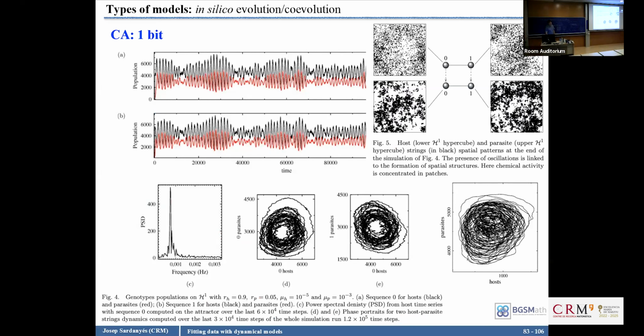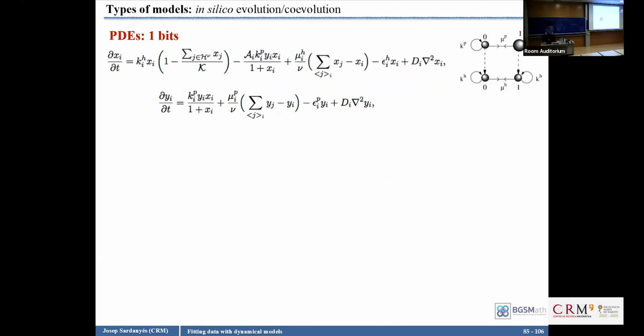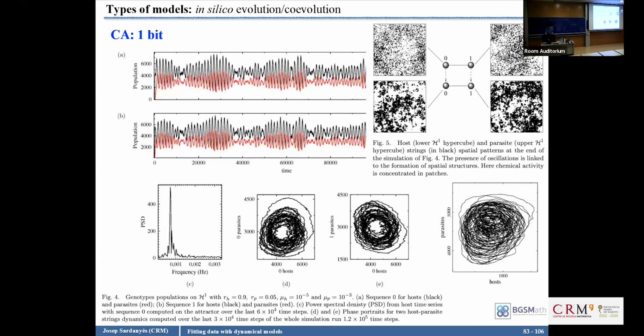So what happens when we put in space? When we put in space, what I did, and this is another article, was published in the International Journal of Bifurcation and Chaos.